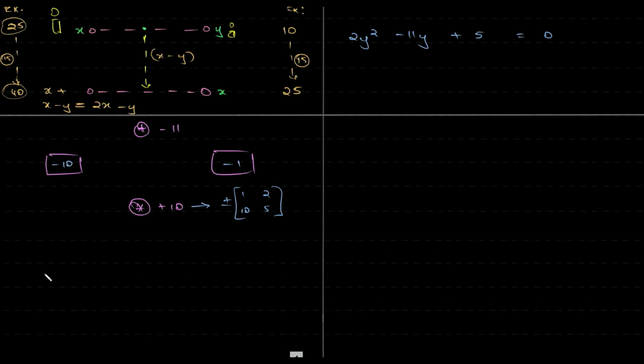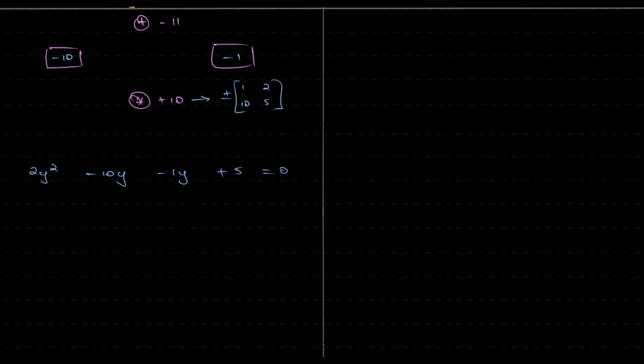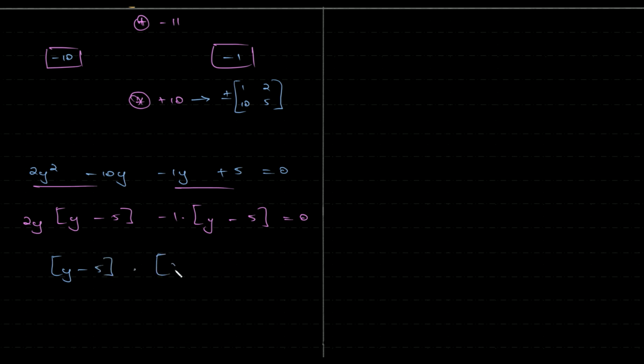Now we just split it and factorize further, taking common terms. So we have 2Y times (Y minus 5) and minus 1 times (Y minus 5), which is equal to 0. Y minus 5 is common, and 2Y minus 1 is left out, equal to 0.